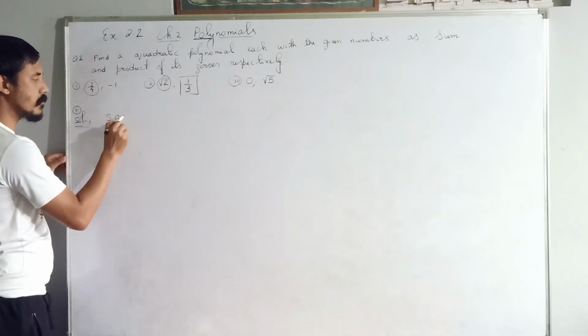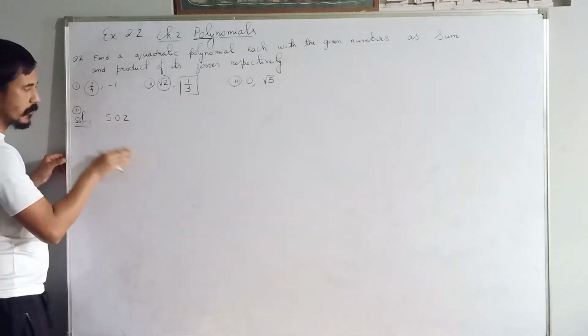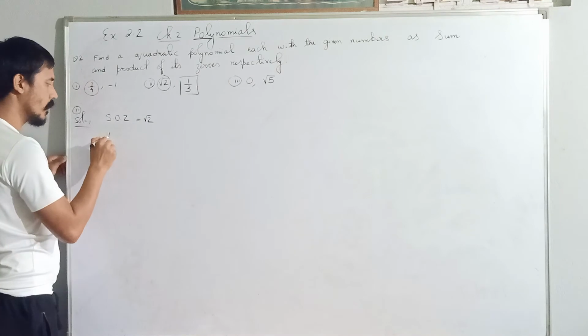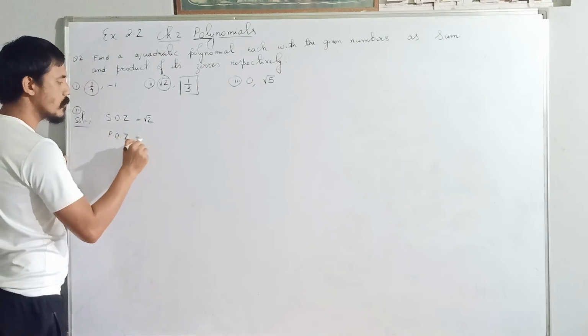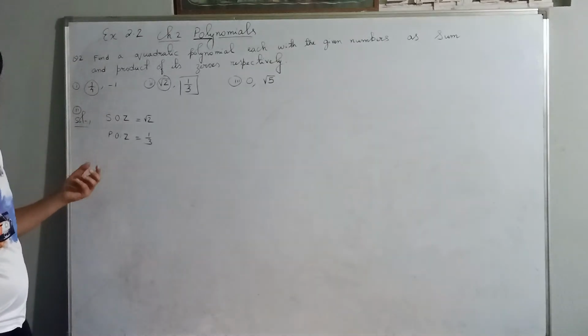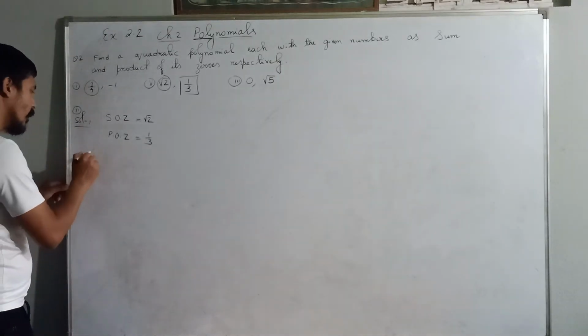So sum of zeros is square root of 2, and the product of zeros is 1 by 3. The first given number is the sum of your zeros, and the second given number is the product of zeros.